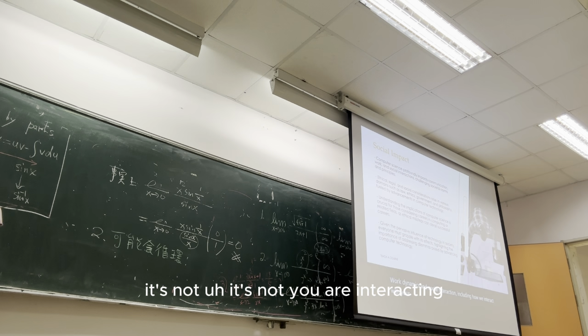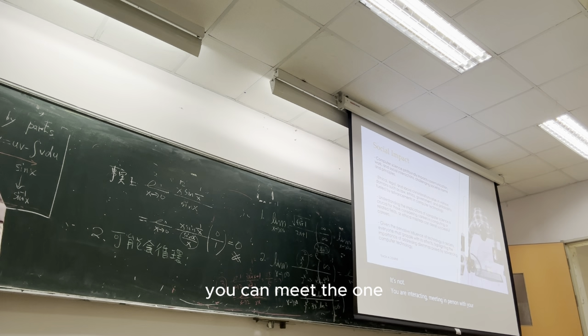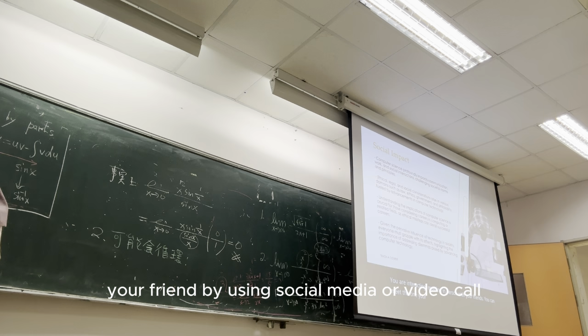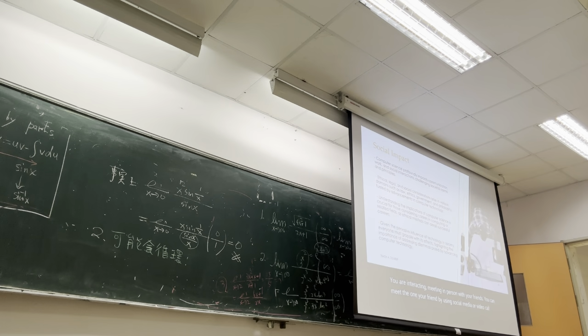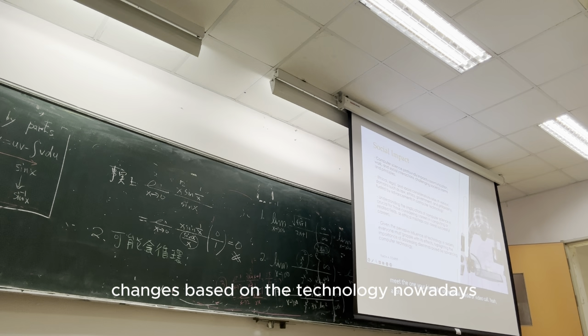It's not that you are meeting in person with your friends. You can meet your friends by using social media or video calls. Yeah, a lot of changes based on the technology nowadays.